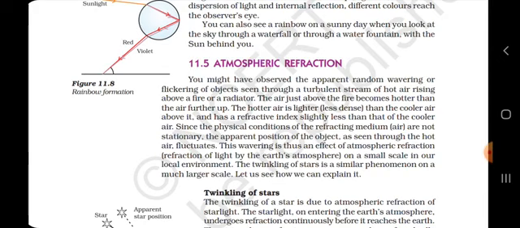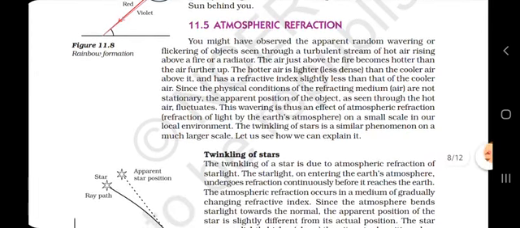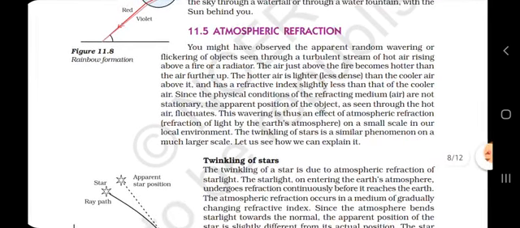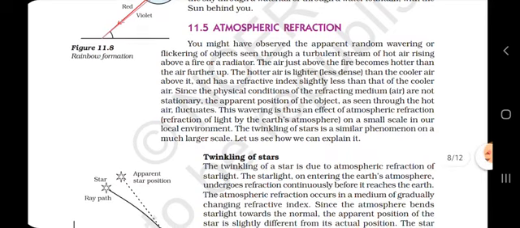So what is atmospheric refraction? You might have observed the apparent random wavering or flickering of objects seen through a turbulent stream of hot air rising above a fire or a radiator. Yes, we have seen the waves of white light, or say the fire producing blue colored light. The air just above the fire becomes hotter than the air further up.